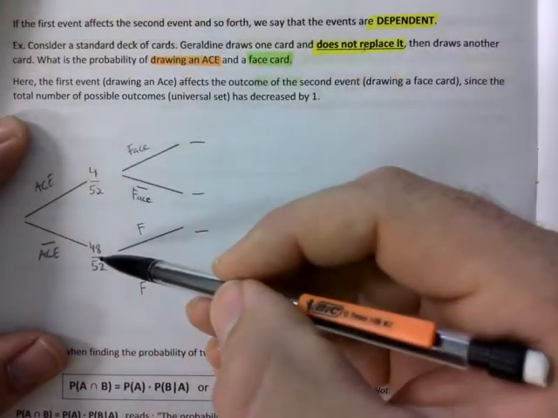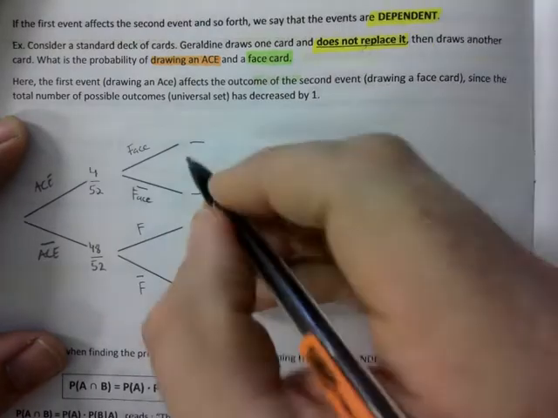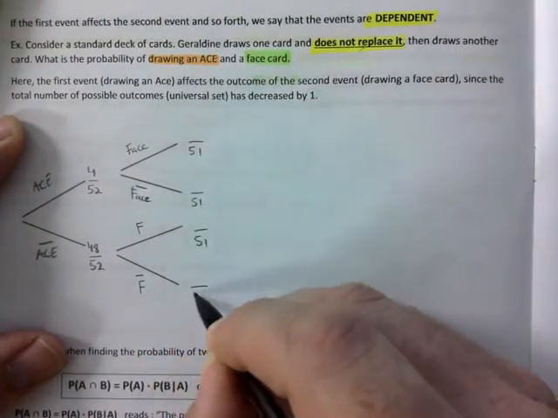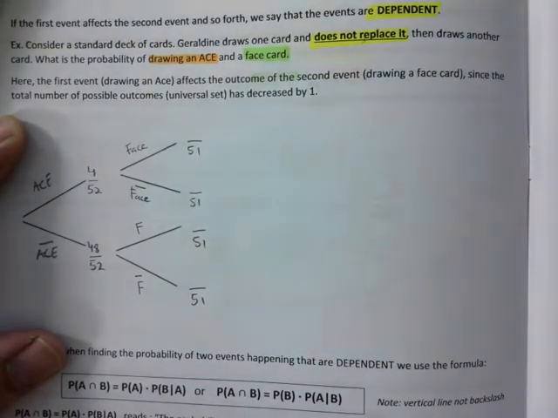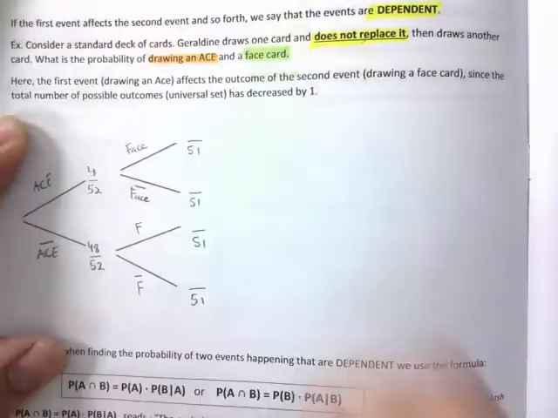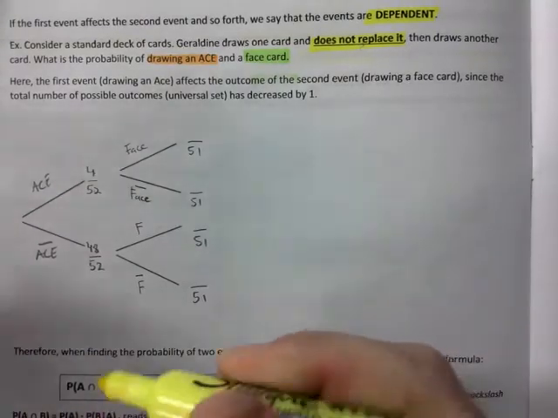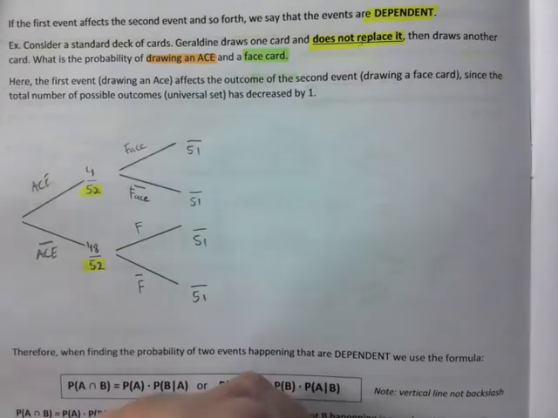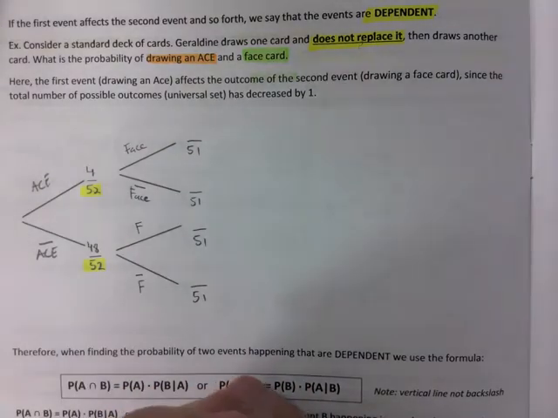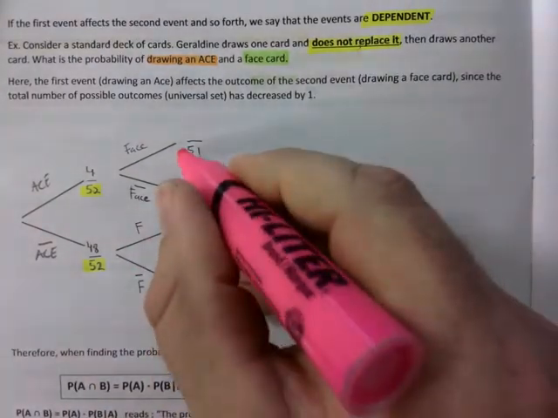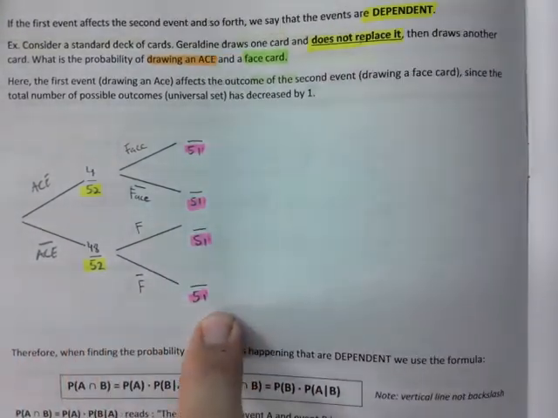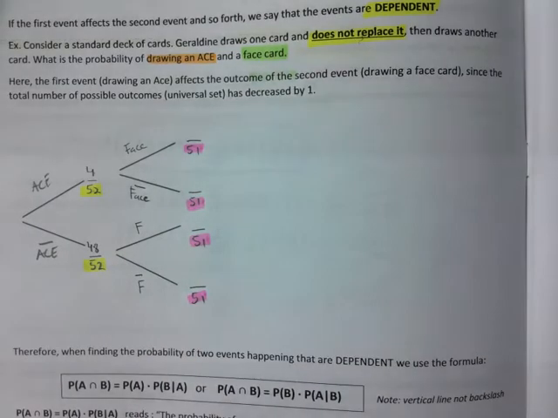These are just the probabilities, but we're down to 51, and that's what I want to highlight today. I want to highlight the 52 and the 51s. If you see a tree diagram and you notice the universal is changing, these are dependent events for sure.